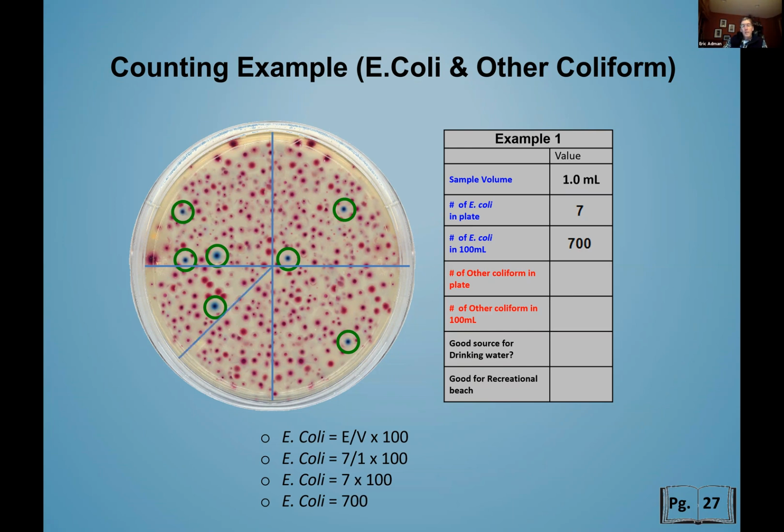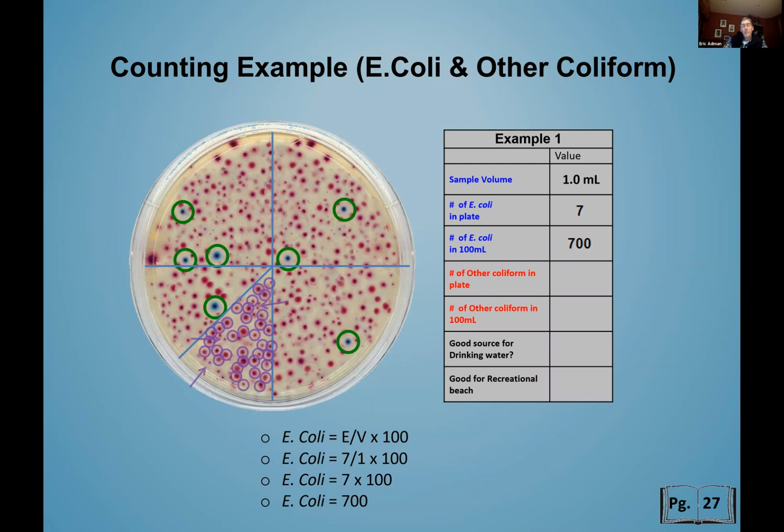And we're going to try to count the other coliform in the plate. This isn't really something that we use this number for, besides the fact that it shows that the test worked properly. But we do count and report the number of other coliform bacteria that we find. In this case, there's a lot, but we're not counting the super small pinpoint ones.